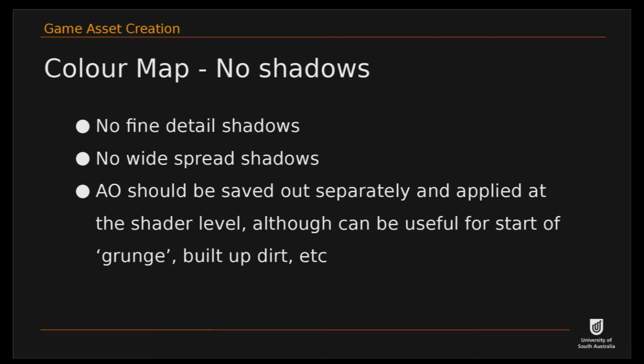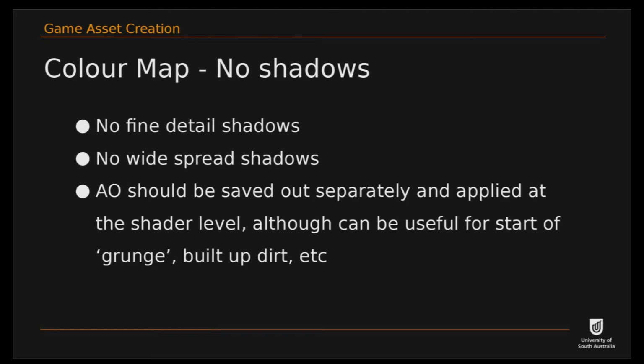With the ambient occlusion, applying it as a separate texture and applying it at the shader level. So we did do this in week 4 for the texturing, but again, just to avoid a sort of do as I say but not as I do scenario, we also used the ambient occlusion as part of our color map in that week to start defining built up grunge and dirt in the sort of recessed areas of the object.